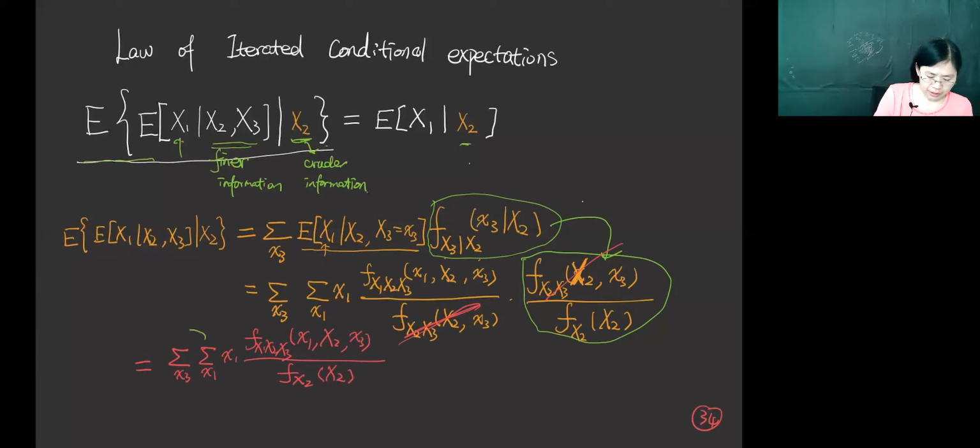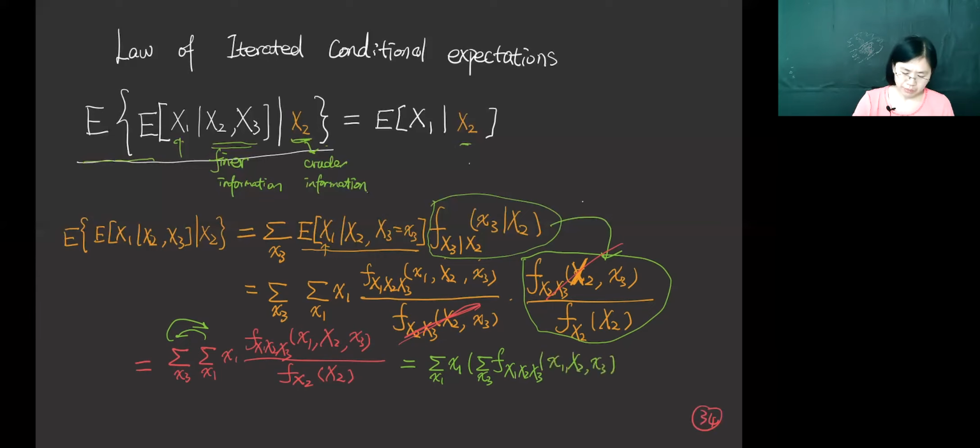Now we can exchange the order of summation, and that gives us a sum over x1 of x1 times the sum over x3 of the joint distribution of x1, x2, x3, divided by the marginal of x2.